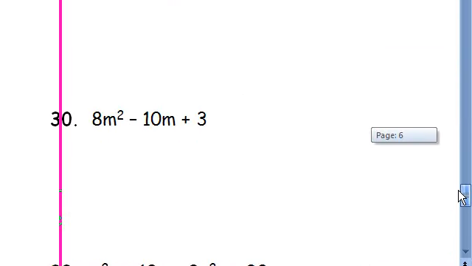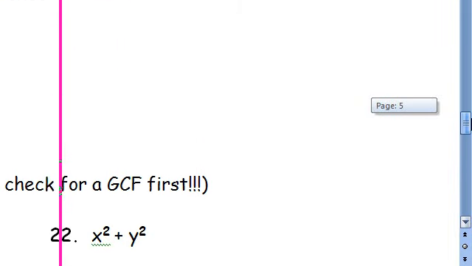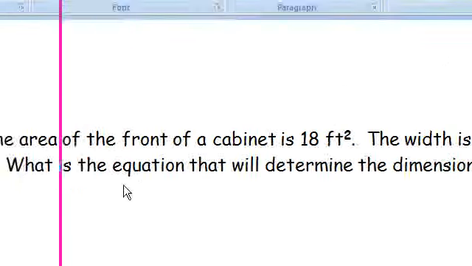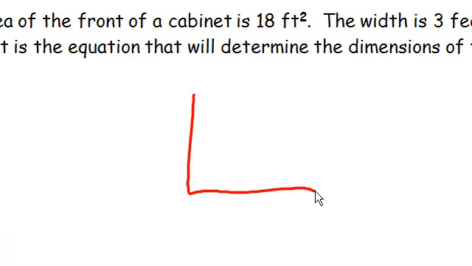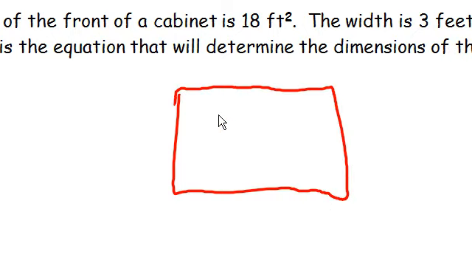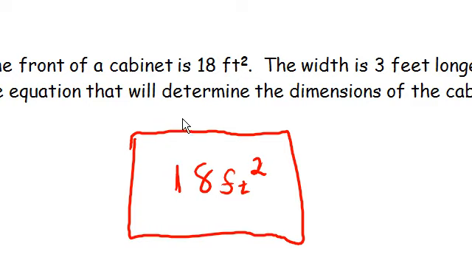Alright, let's move along to number 20. The area of the front of a cabinet is 18 feet squared. The width is 3 feet longer than the height.